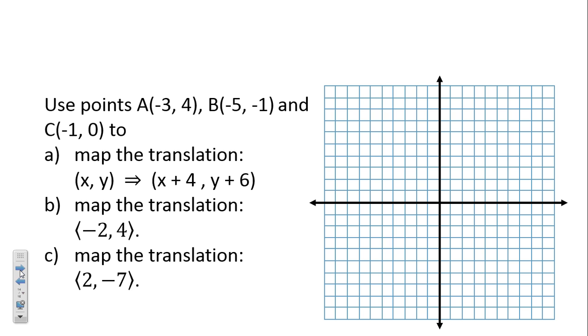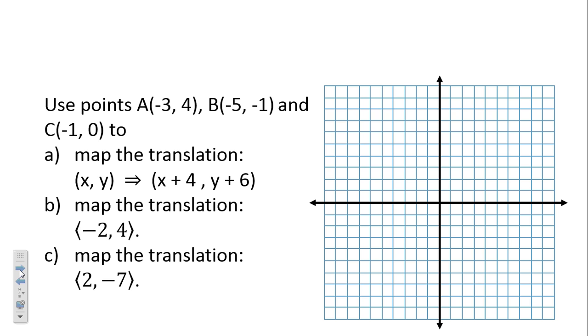All right. Here we go. We want to take points A, B, and C, and we want to map those translations. So A is at -3, 4. Plot it, label it. Then B is at -5, 1.